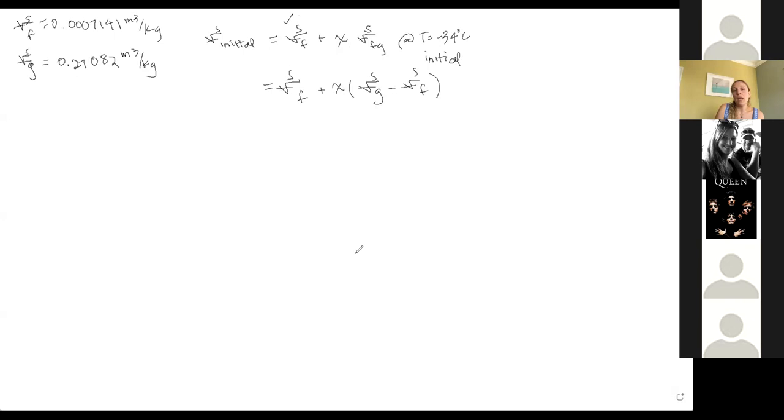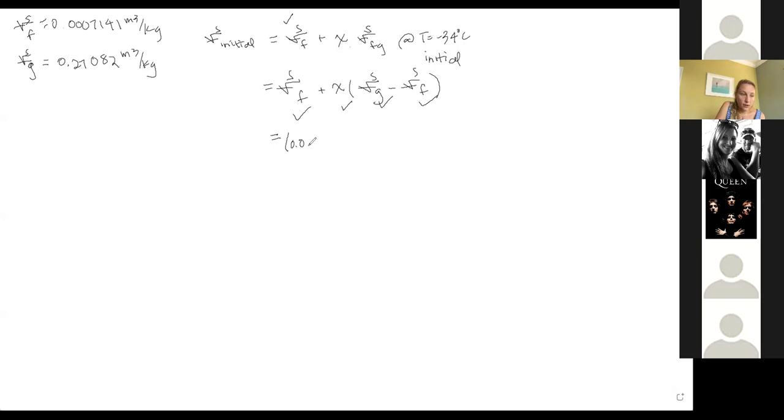And now we have these values that we looked up in table A11. And then we were given our initial starting quality as 80% vapor or 0.8. So now we can just plug and chug.